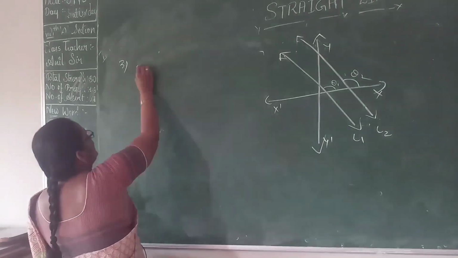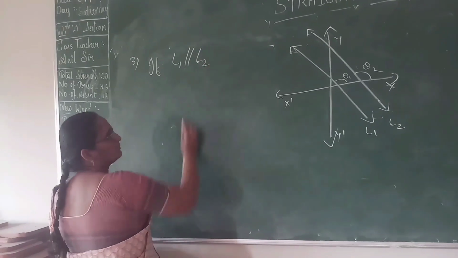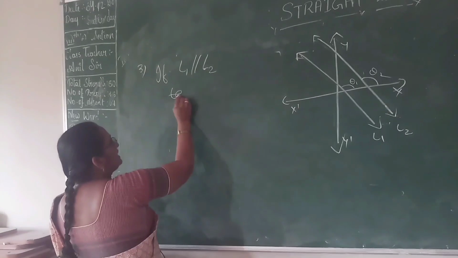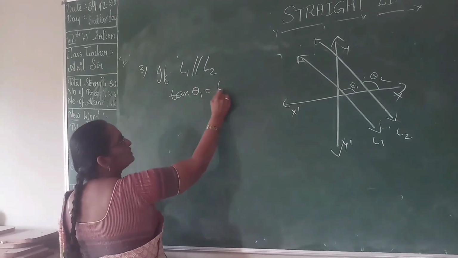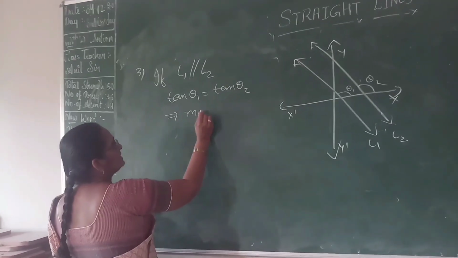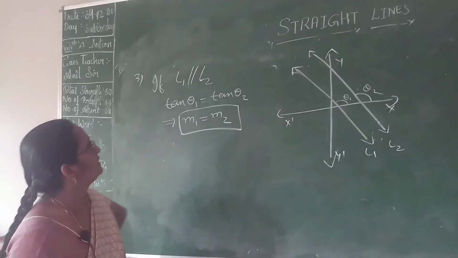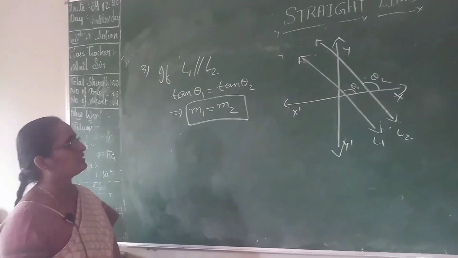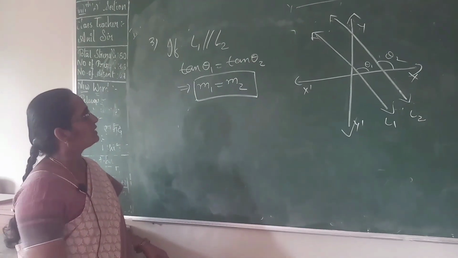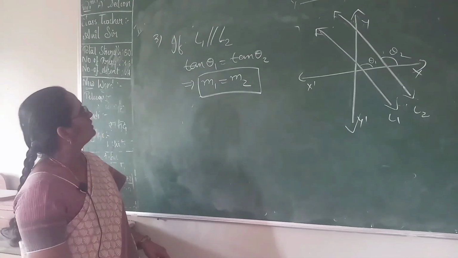Suppose L1 is parallel to L2, then in that particular condition tan theta 1 is equal to tan theta 2, which implies M1 is equal to M2. Remember this condition, it is very important. If the 2 lines are parallel to each other, then tan theta 1 is equal to tan theta 2, or we say that M1 is equal to M2. I am just giving the formulae. You note this one down.